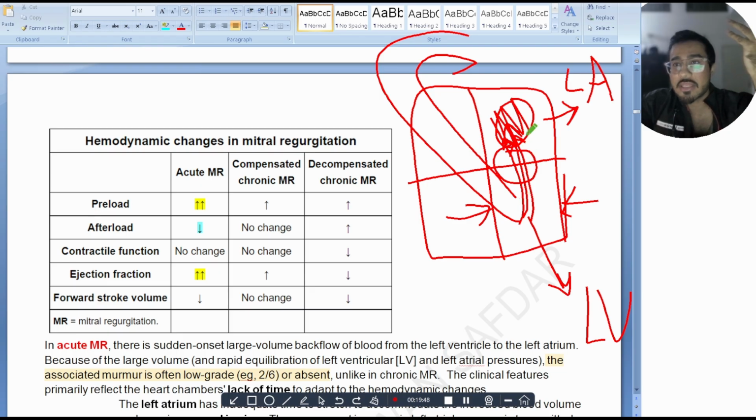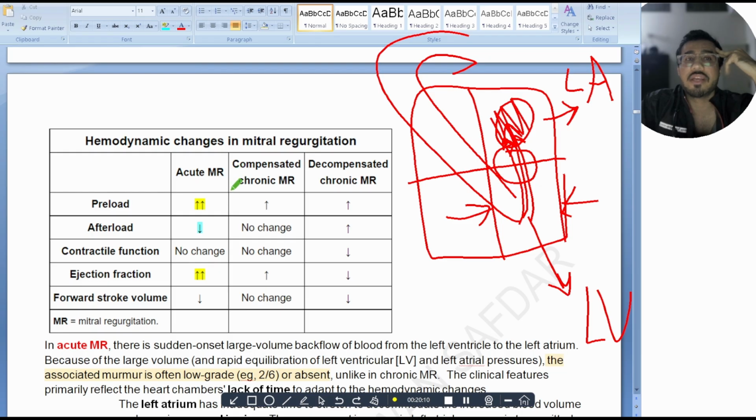Afterload is basically the resistance against which the left ventricle is pumping blood. So the left ventricle now has less resistance because it has two pathways of pumping blood. The resistance is gonna be less because it can also pump blood towards the aorta and also towards the left atrium. So the afterload is reduced in acute mitral regurg.